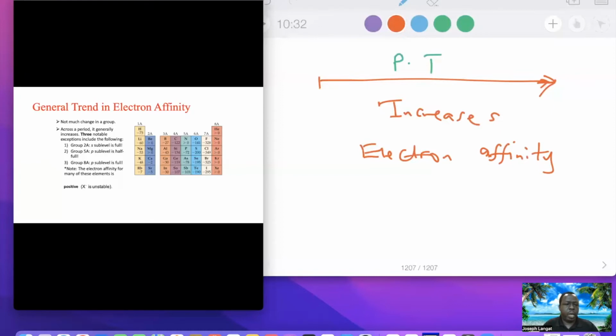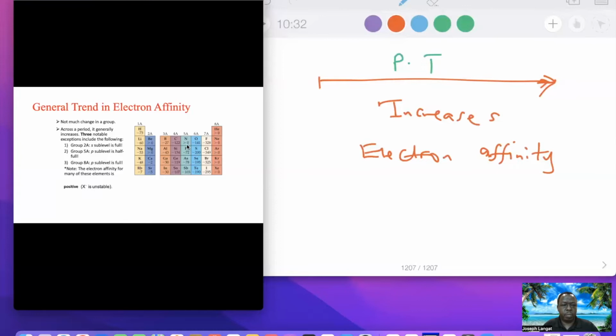Group 2A, the s subshell is full. This explains why we see this pattern for group 2A. Remember, in group 2A we are filling the 2s sublevel, and with that, it's much harder to add an electron. For group 5A, this pattern we see here, the p sublevel is half full.